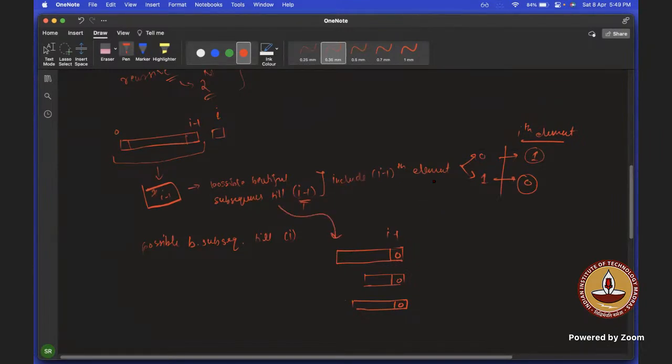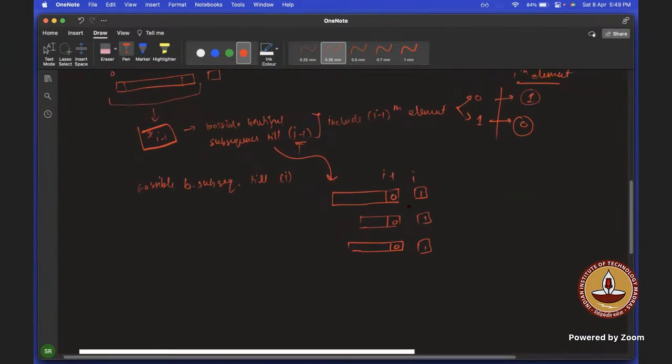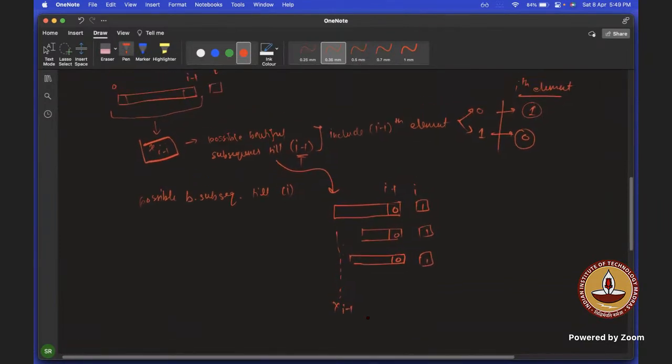When the ith element comes, you just append the ith element here. These were x I minus 1, so when you append the ith element to all of these, what you get is x I minus 1 possible subsequences.